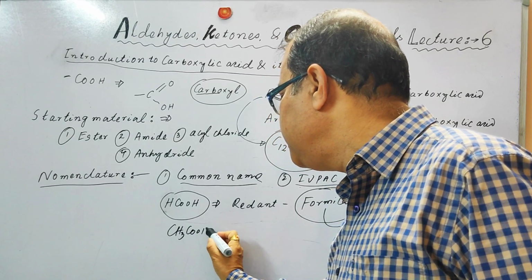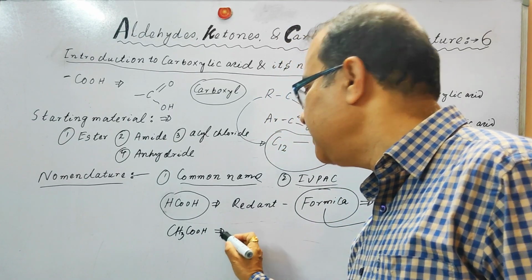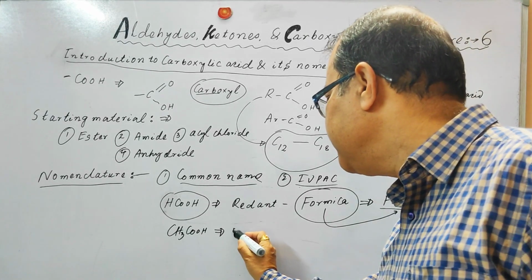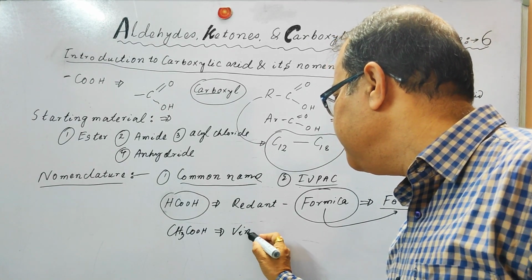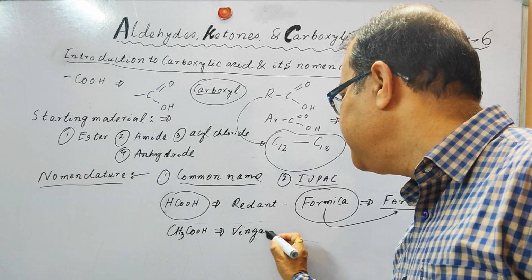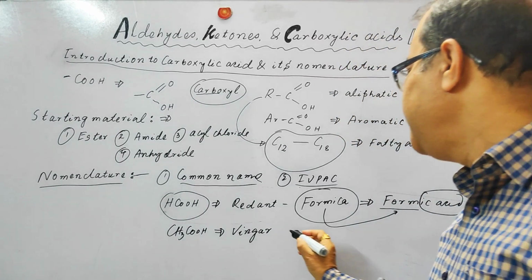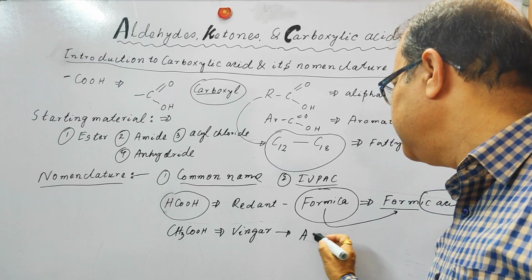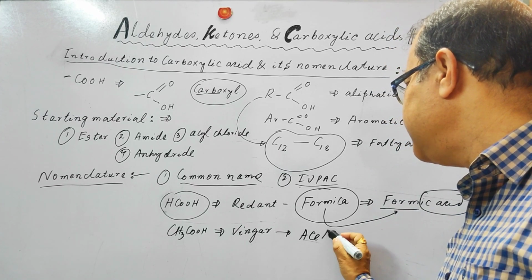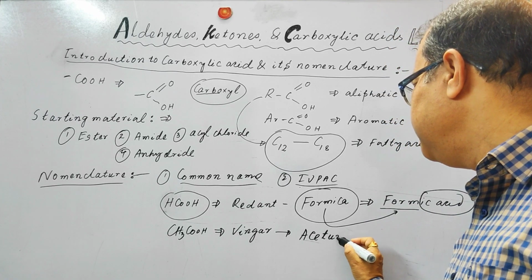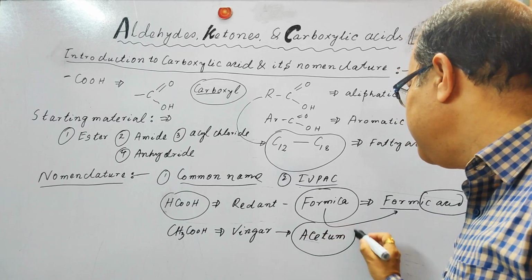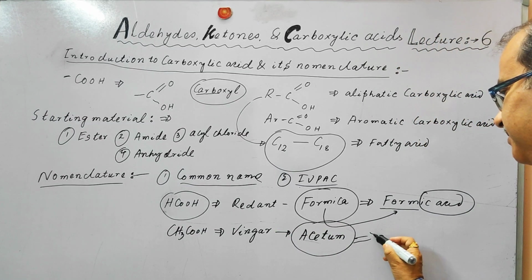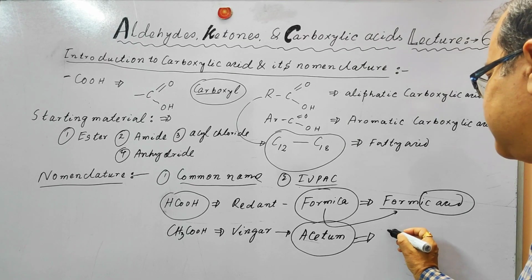Another example, CH3COOH. It is found in vinegar that we use day to day in cooking. The name of vinegar in Latin is acetum, and from this comes acetic acid.